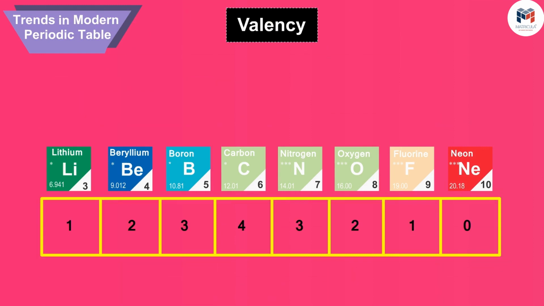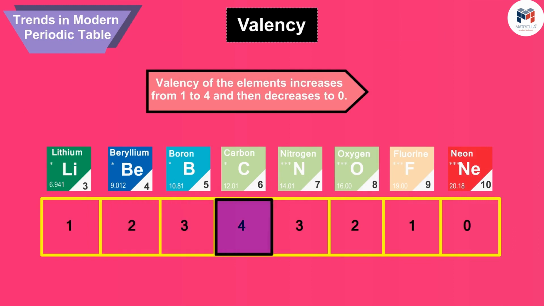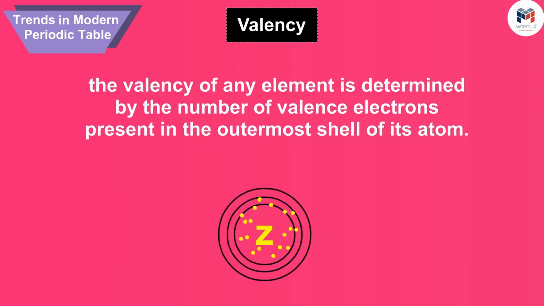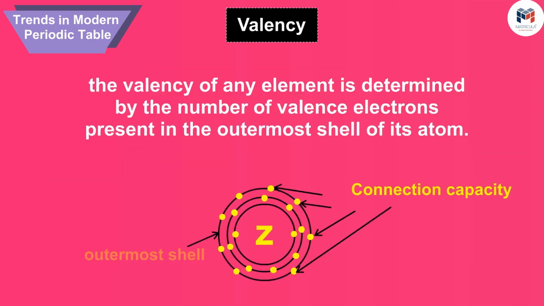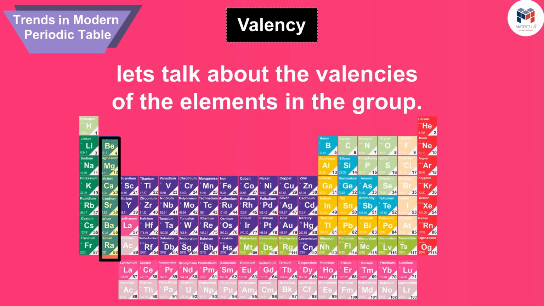So, on moving from left to right in each short period, the valency of the elements increases from 1 to 4 and then decreases to 0. You know that the valency of any element is determined by the number of valence electrons present in the outermost shell of its atom. Now, let's talk about the valencies of the elements in the group.